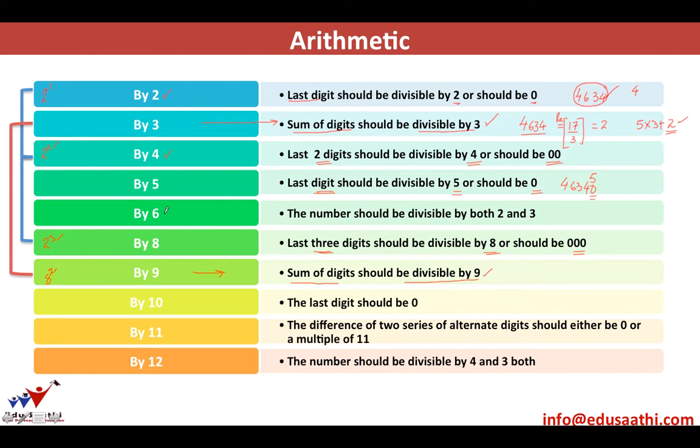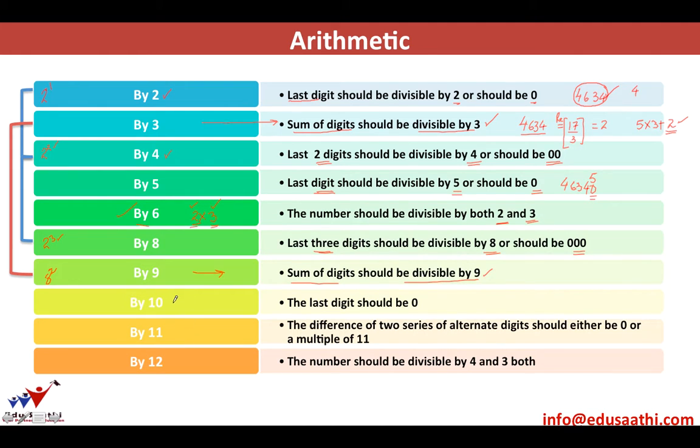Now if I look at the divisibility rule for 6, 6 is not a prime number, it is actually a product of two prime numbers 2 and 3. So if I have to check the divisibility rule for 6, I would check for its divisibility with 2 and with 3. The number has to be divisible both by 2 and 3 for it to be divisible by 6.